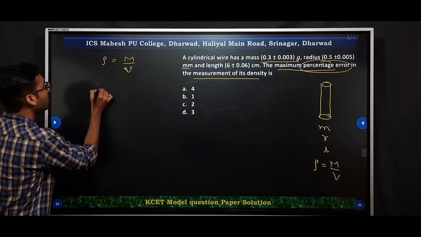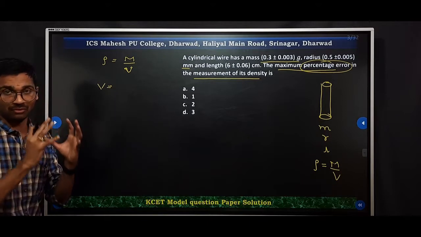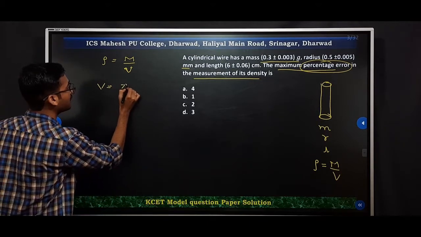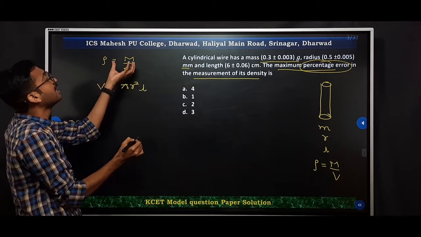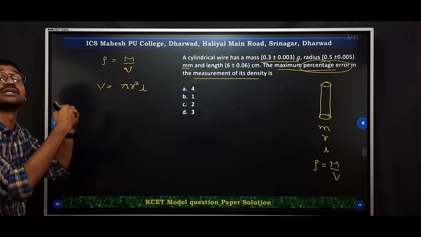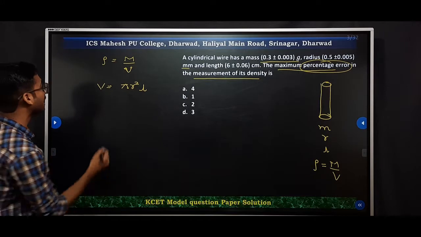Cylindrical wire. The wire's volume is given by pi into r square into L. Therefore, use this data in the above equation. Thereafter, step by step substitute the values.